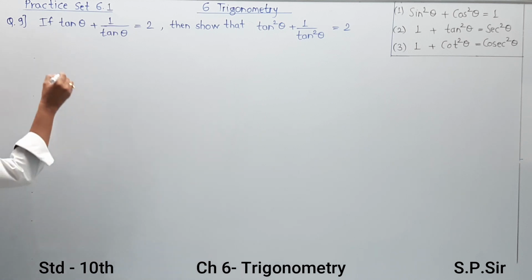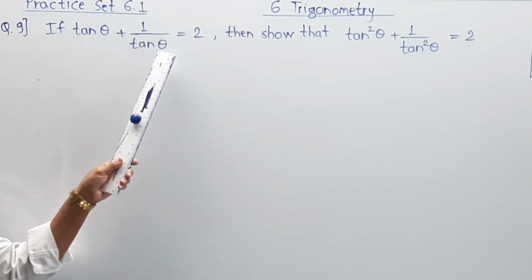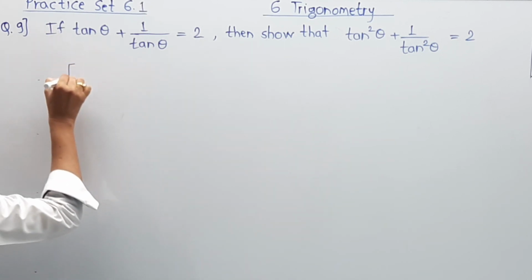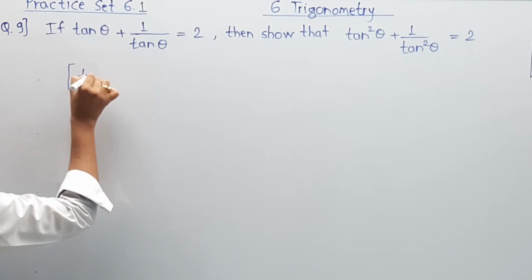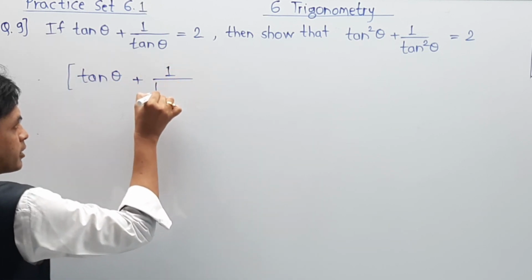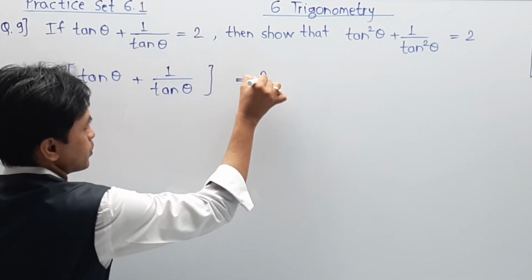Now here this portion gets converted into a square. So, writing it step by step, first of all they have given the value tan theta plus 1 upon tan theta is equal to 2.